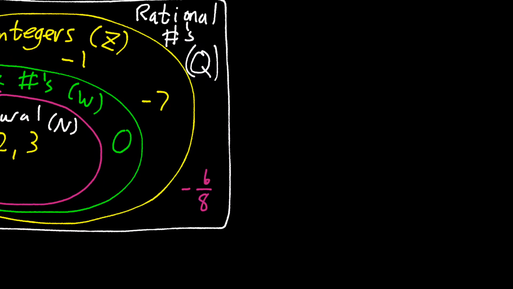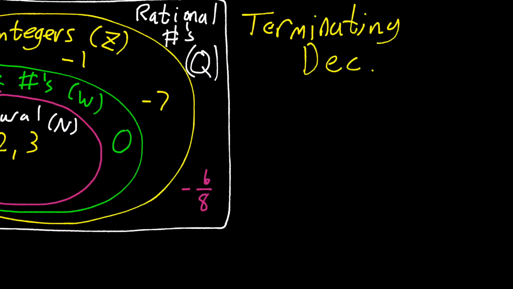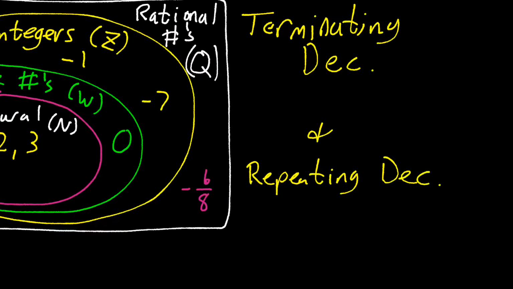And we have what are called terminating decimals and repeating decimals. These are part of our rational numbers, but they have special properties.